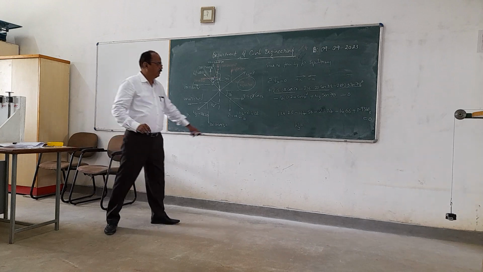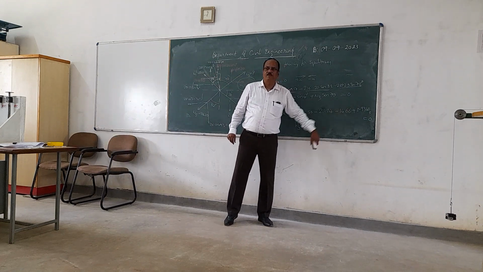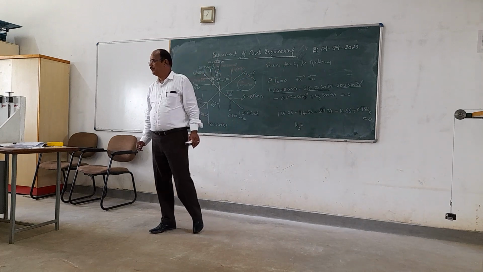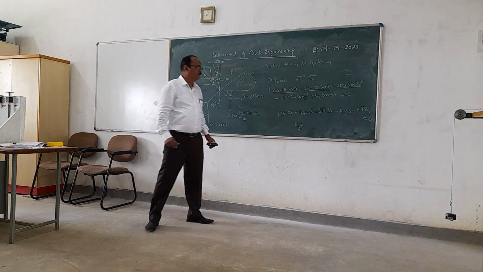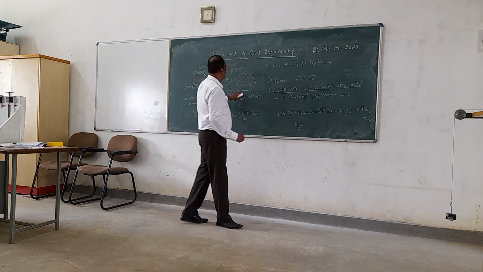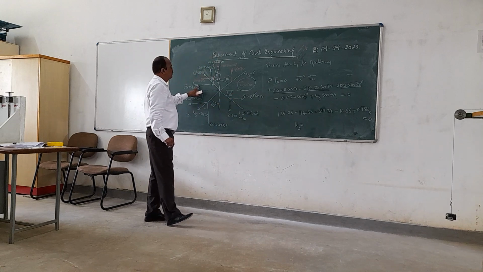Add up: 138.25 minus this, minus this, minus this, divided by 0.93. This one is plus, this is minus, this is minus, and this is also minus.